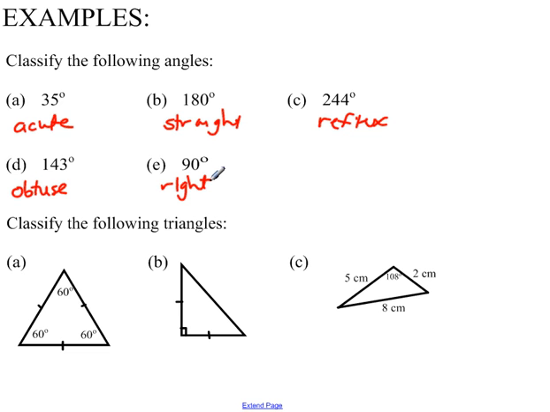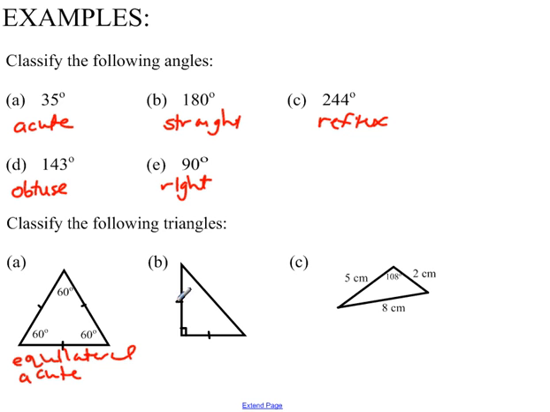When we classify triangles, we classify them using side lengths and angles. So this one here shows that all 3 angles are the same, all 3 sides are the same, all 3 angles are less than 90 degrees. So it is an equilateral and it is acute. Another word that you will sometimes see is equiangular.